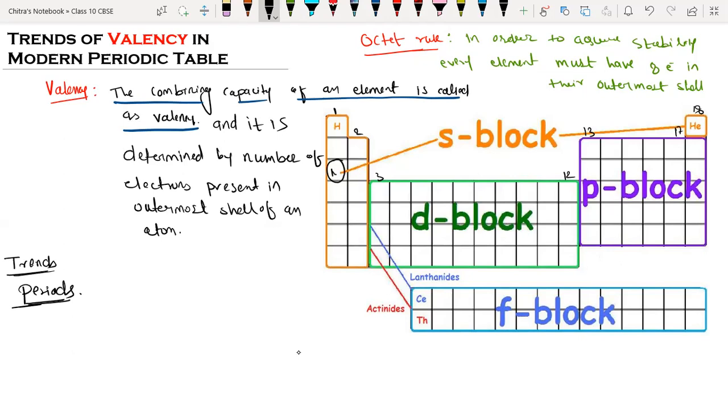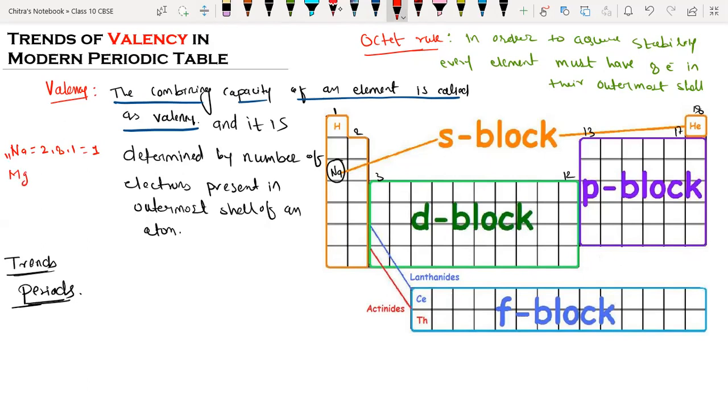Here we have sodium, so I'm writing sodium here, using another ink so that it can be separated. Sodium has atomic number 11, so its electronic configuration is 2, 8 and 1. So sodium has valency 1 because it is going to lose 1 electron.